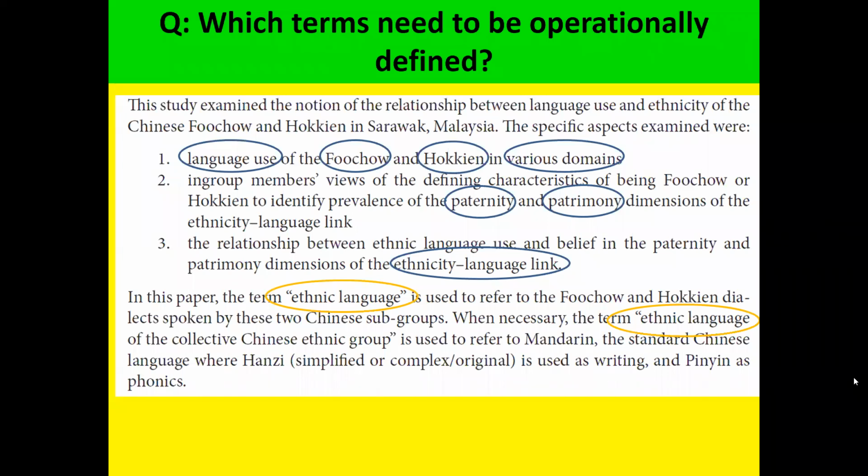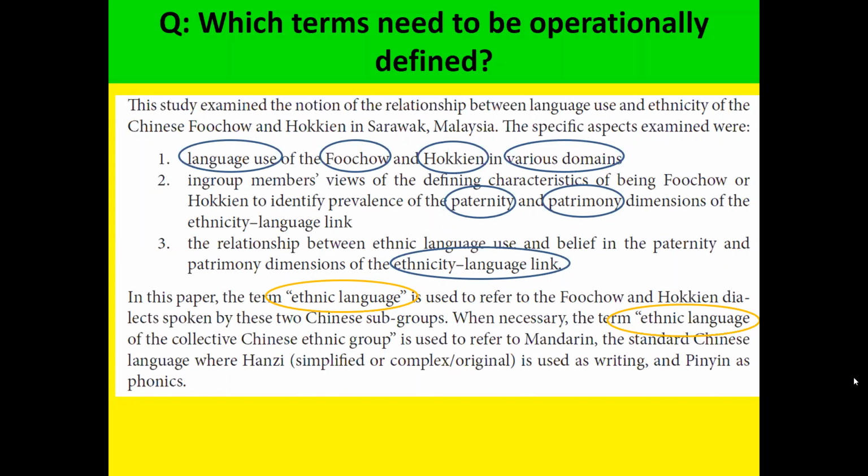So when you look at the objectives of the study, if you think people automatically do not know what you mean, those things need to be defined because there are certain concepts there. This ethnicity language link also needs to be defined because it's not just automatically you understand what I'm talking about. Actually, there are 3 kinds of links according to Fishman 1977.